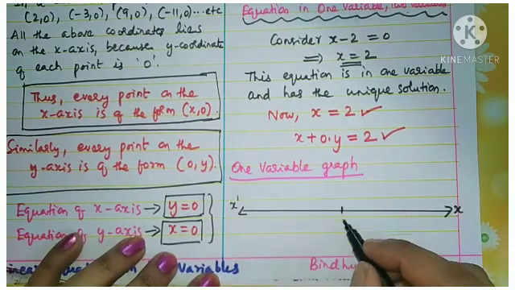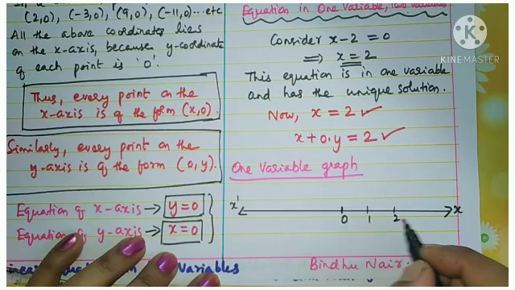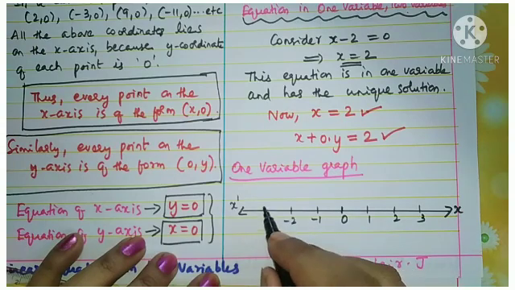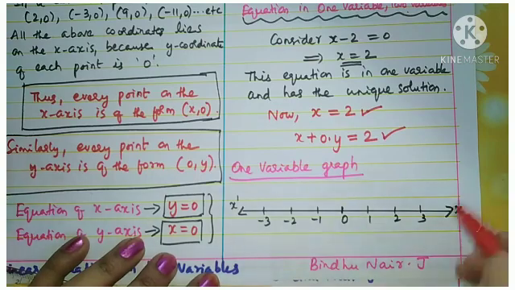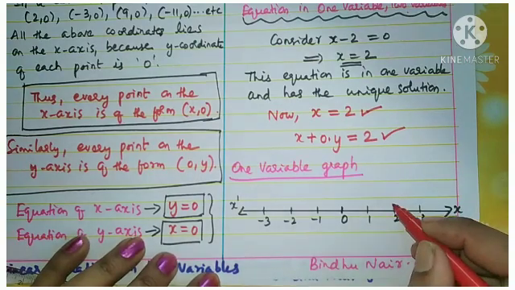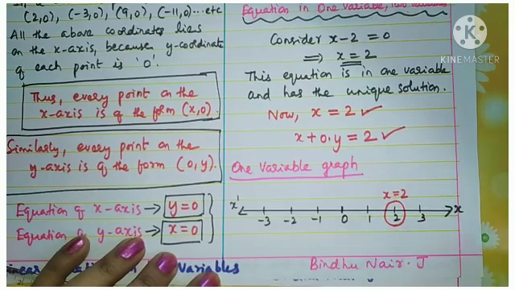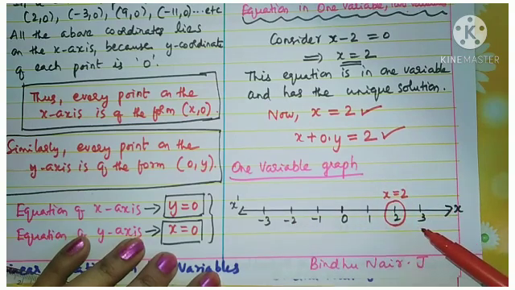If we take 0 here, 1, 2, 3, and negative values -1, -2, -3, now you see where the x value is here. Yes, this is the value x equal to 2. So this one variable graph we just plotted on the number line.